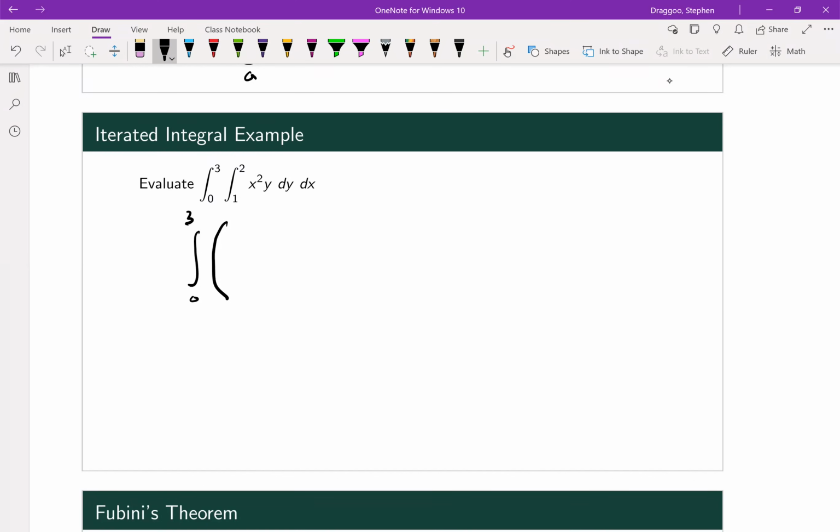So that should go to x squared times y squared over 2. And we're going to evaluate from 1 to 2 for the y's, and then multiply that by dx.